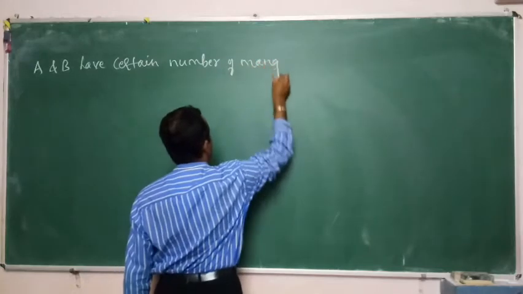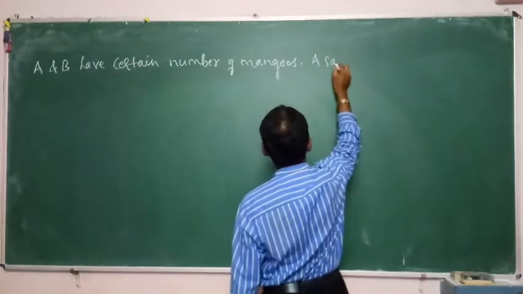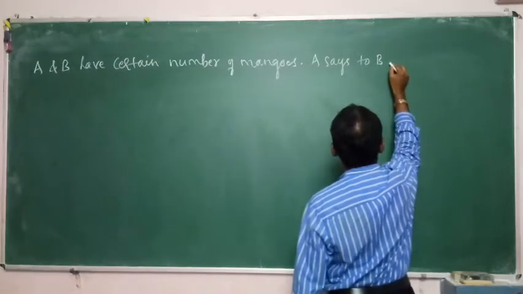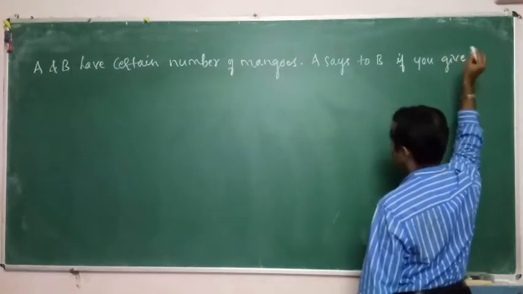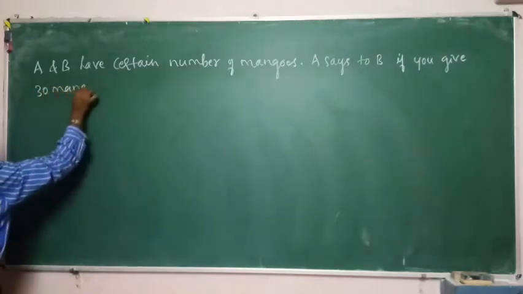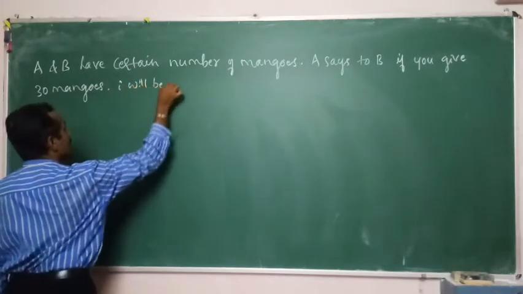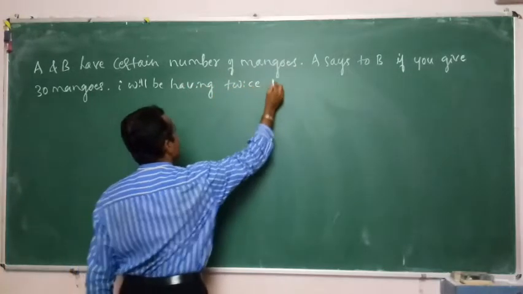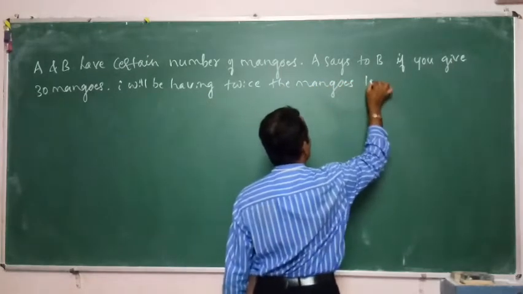A says to B, if you give 30 mangoes, I will be having twice the mangoes left with you.